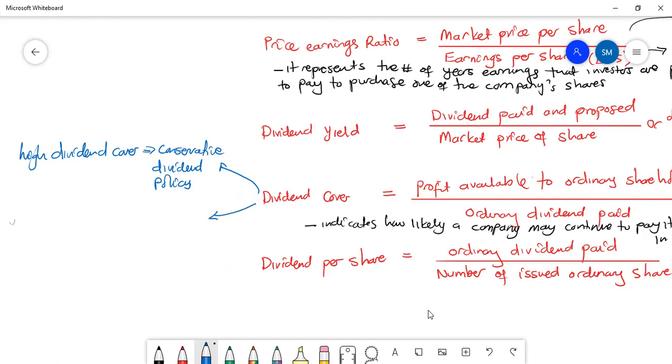A low dividend cover signals a reckless dividend policy.